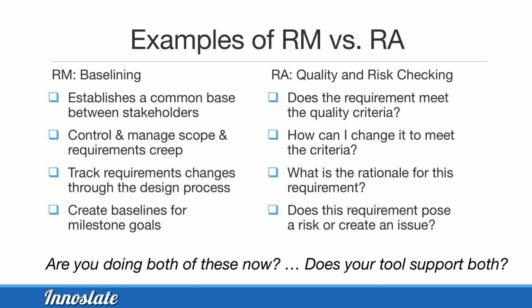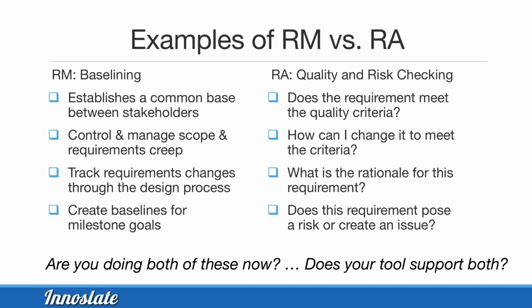Okay, so some examples of requirements management versus requirements analysis. I keep saying risk management, I mean requirements management. In requirements management, baselining is a common thing you do, and you do that to establish a common base between the stakeholders, so everybody knows what the current, correct set of requirements is.